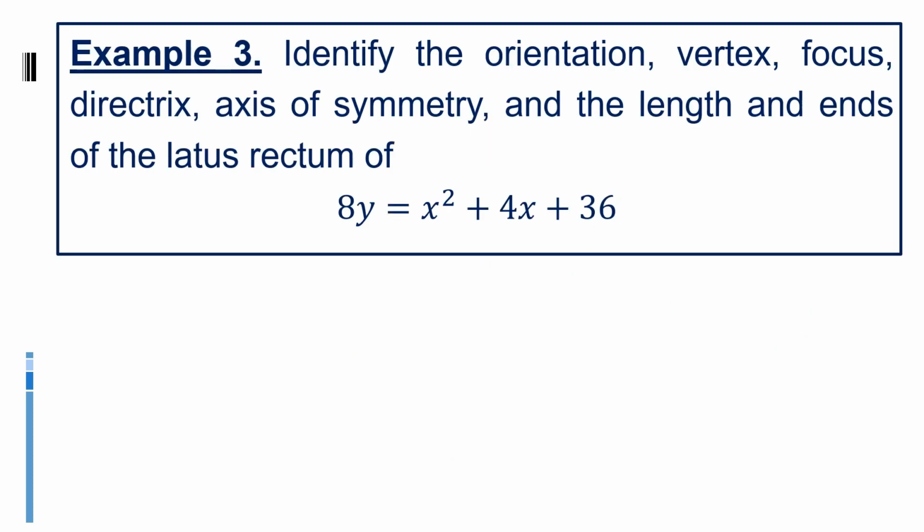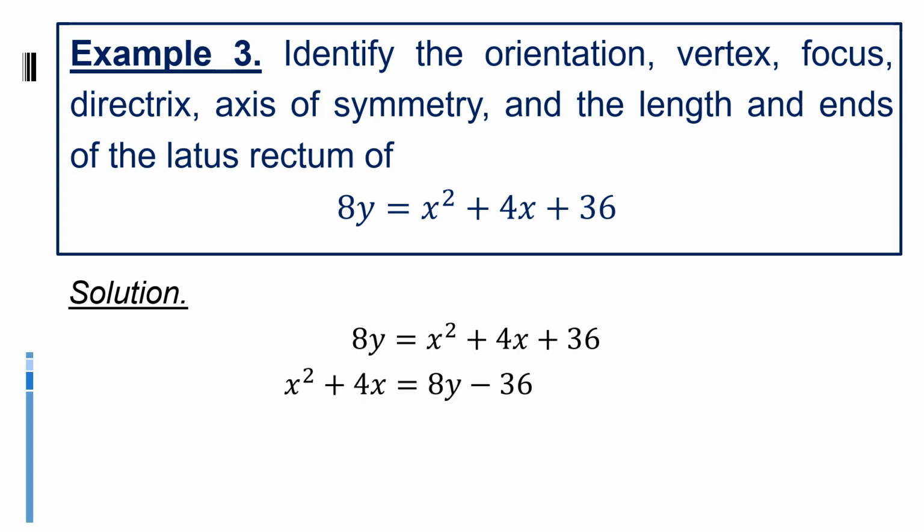Let's identify the orientation, the vertex, the focus, the directrix, the axis of symmetry, and the length and ends of the latus rectum of 8y equals x squared plus 4x plus 36. So, since this is in general form, gawin muna natin siyang standard form by completing the square.